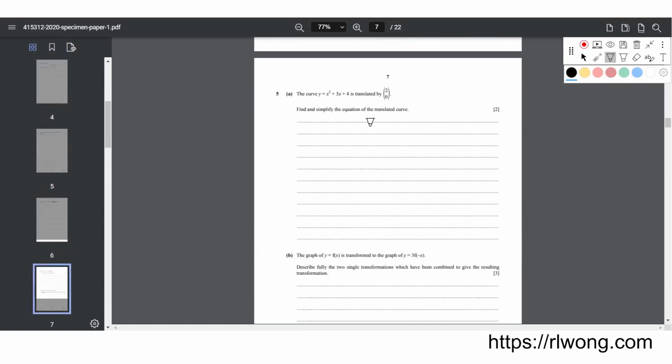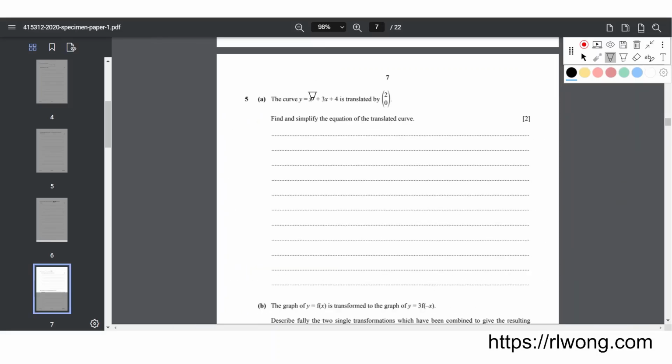Next, moving on to question 5a. You are given the curve y equals x squared plus 3x plus 4 is translated by (2, 0). That means you are translating it 2 units in the positive x direction. Find and simplify the equation of the translated curve.